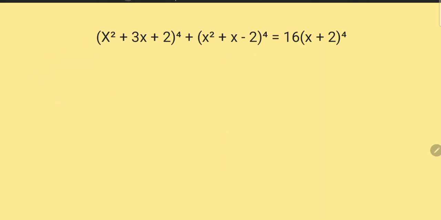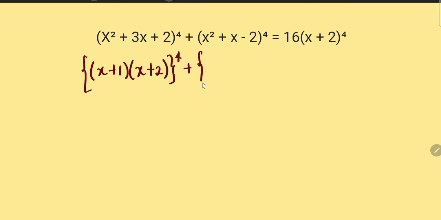So we should have x plus 1 into another x plus 2, and we should not forget it has a power 4, because everything here is still raised to the power of 4. Again, we should ask ourselves, can we factorize this? Of course.